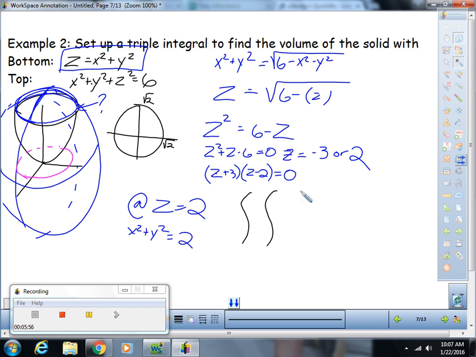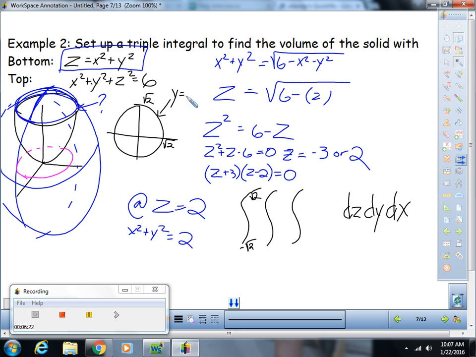Once again, I'm going to go dz, dy, dx. I think for this particular one, the x is easiest to figure out. So what's x going from and to? X goes from negative radical 2 to positive radical 2. Okay, what's this function right here?